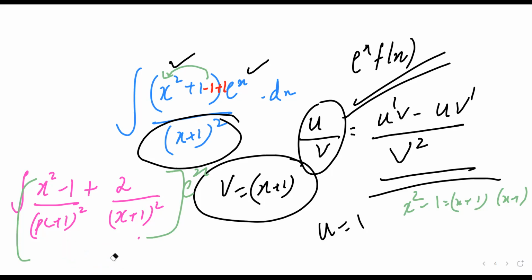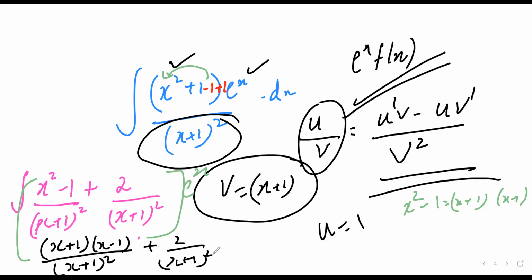Or if you want the step, I will write with the step. X square minus 1 is what? X plus 1 into x minus 1 by x plus 1 the whole square. Correct? Plus 2 by x plus 1 the whole square into e power x.